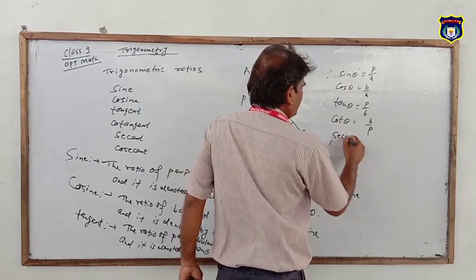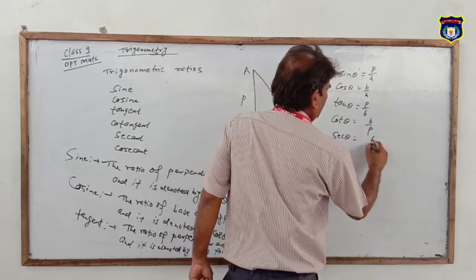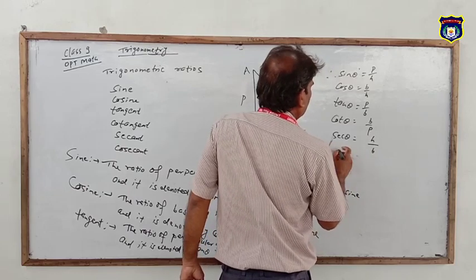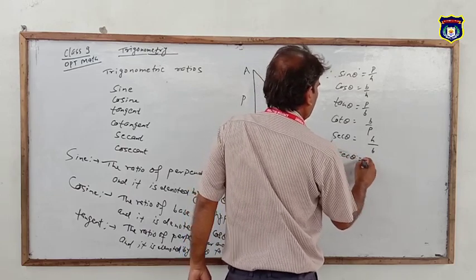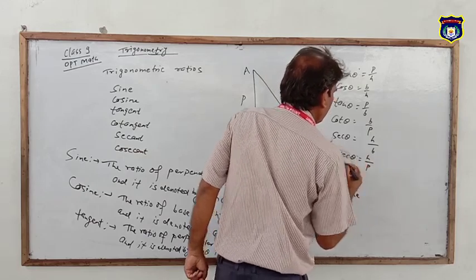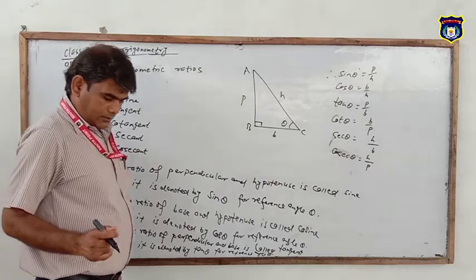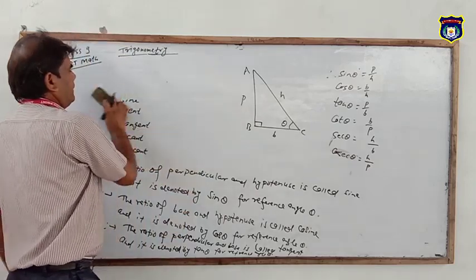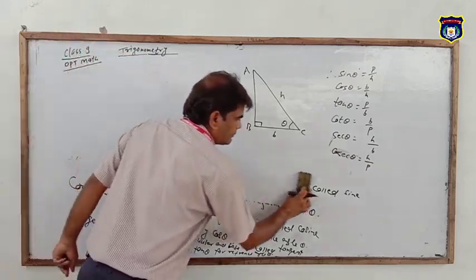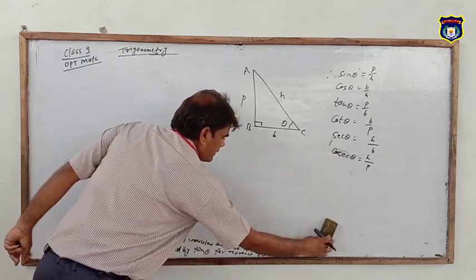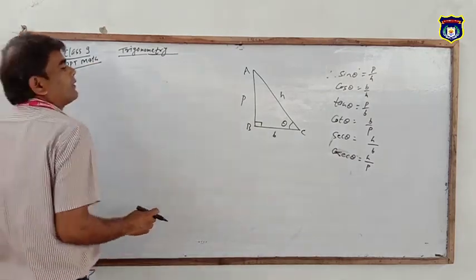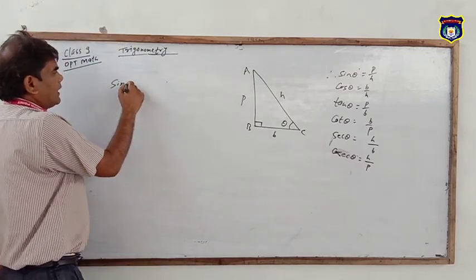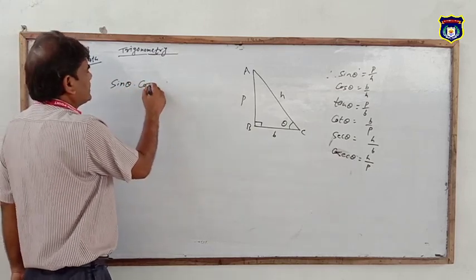sec theta is equal to H by B, and cosec theta is equal to H by P. And for these relations, find sin theta into cosec theta.